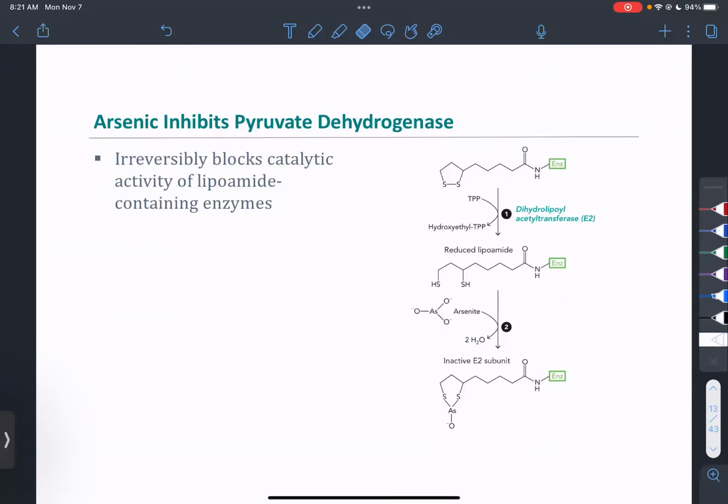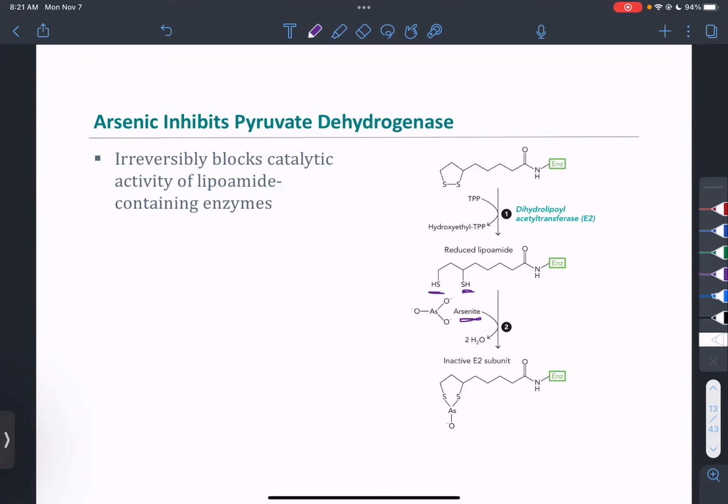And so the problem with arsenic is that it prevents the pyruvate dehydrogenase from regenerating. Remember how I said this was really, really important? And so what it actually does is, here's our active form. When you ingest it, it turns into arsenite. And what it's going to do is it's going to bond to these SH groups.